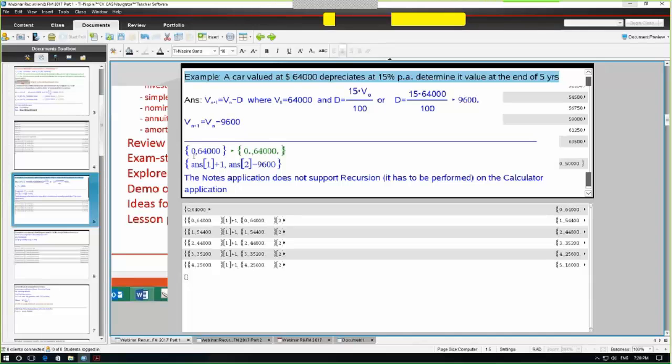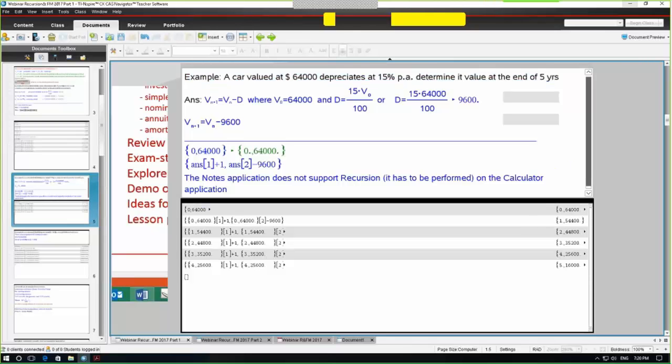So in my recursion relation, I've got 0 and 64,000. That becomes my Ans(1), 0, and 64,000 is my Ans(2), and I'm deducting that value 9,600 at each stage. And what it generates is this over here. So after 5 terms, the value of the car will be 16,000.